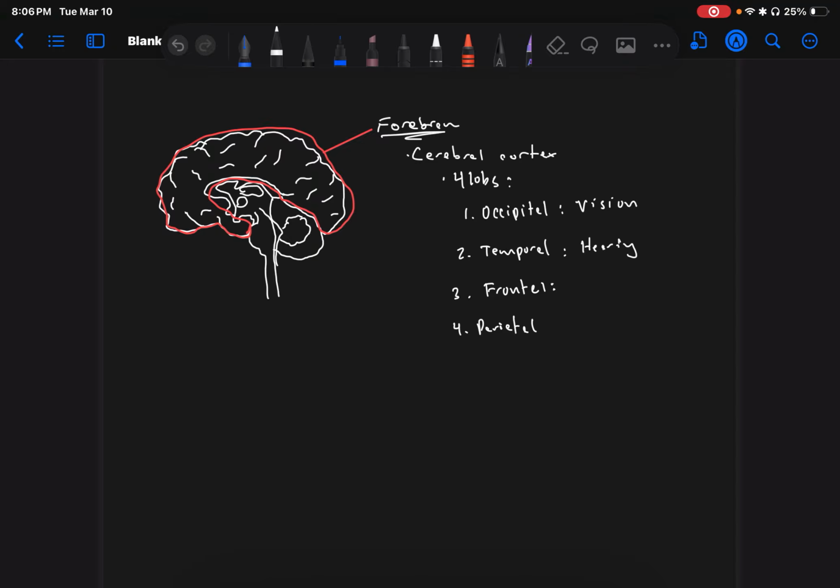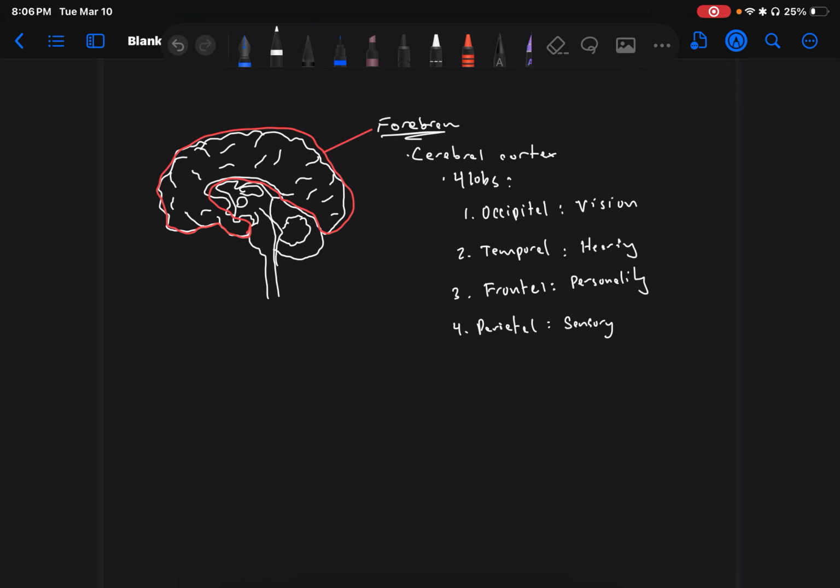Frontal, I don't know, personality. I think that's just something you might need to remember. Parietal, I don't really know. That's just sensory. This is a very brief summary of each one. They all have their own things, but that's what we'll be looking at for now. So that's the cerebral cortex.